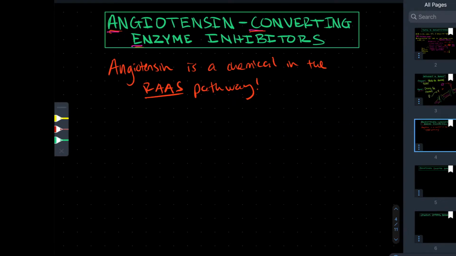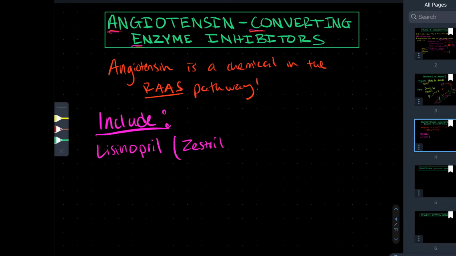And this is one of the most prescribed blood pressure meds. You're going to see it a ton in retail pharmacy. And so these include meds like lisinopril, which is also called Zestril.